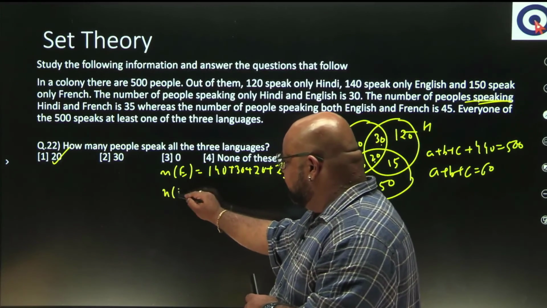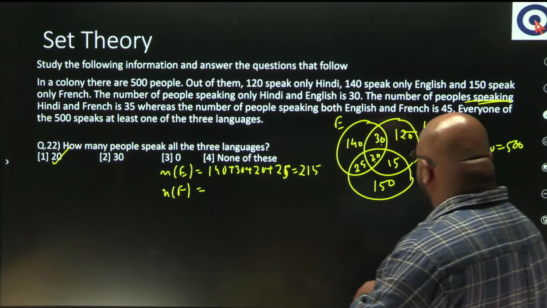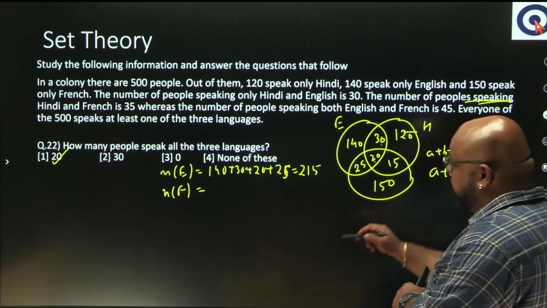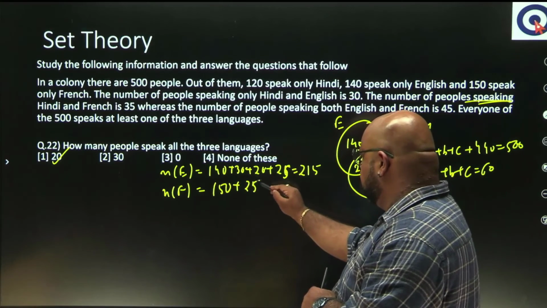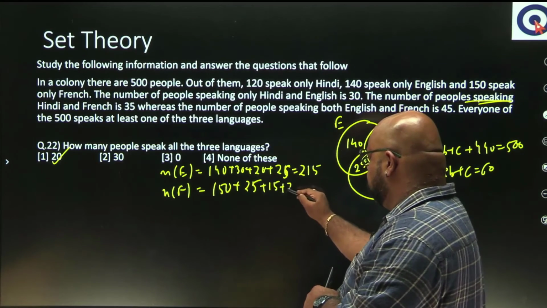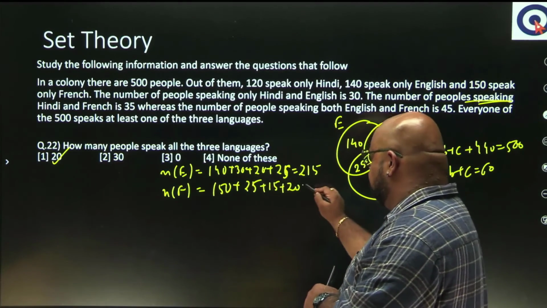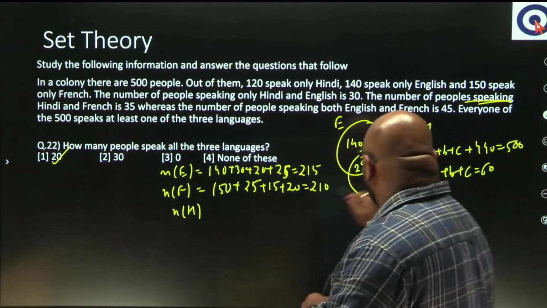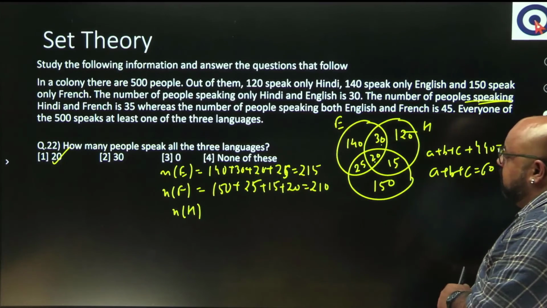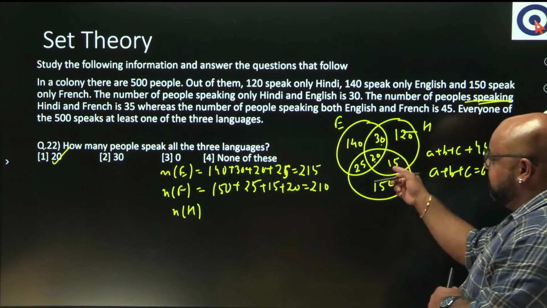Number of people for French would be 150, 25, 15 and 20. So 40, 60, 210. Number of people speaking Hindi would be 120, 30, 20, 15. So 140, 170, 185.